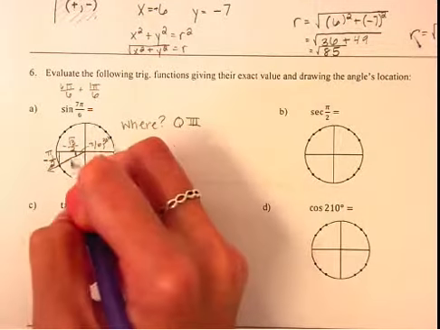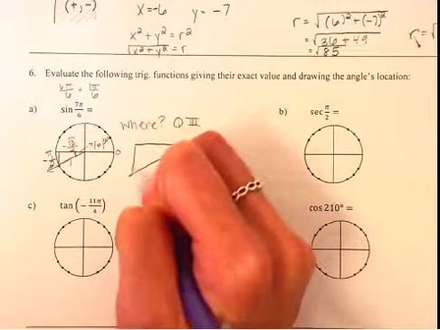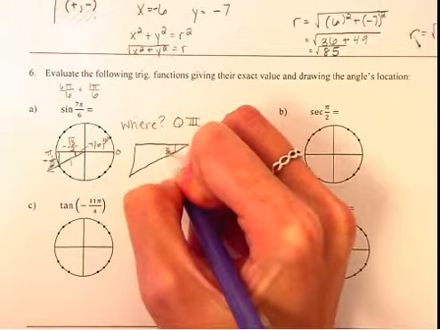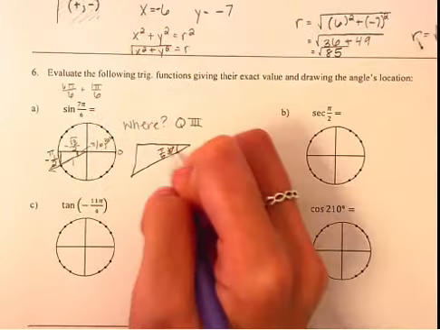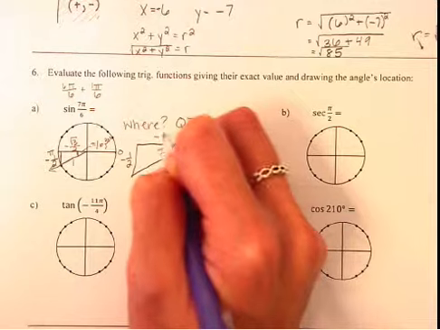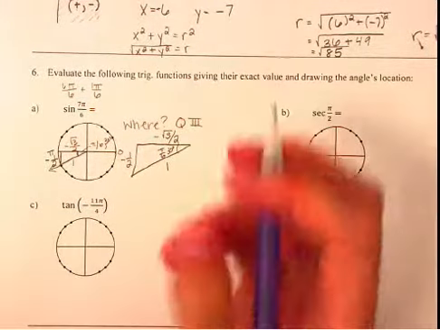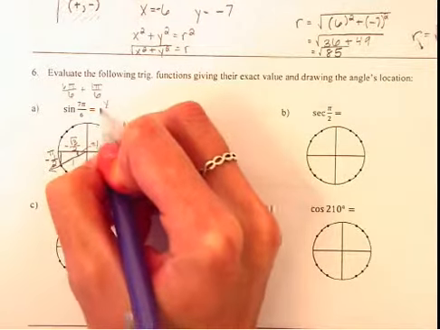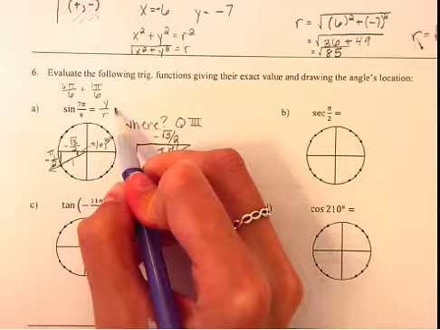And as always, radius of r. Let's draw this out here. So this is 30 degrees, or pi over 6, my reference angle. Opposite that, negative 1/2. Adjacent, negative square root of 3 over 2, and my radius is 1. Sine of theta is y over r. My y value is negative 1/2.